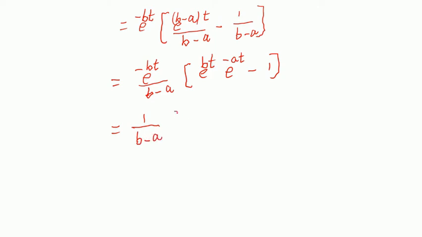What happened? E power minus bt, e power bt value is e power 0, e power 0 value is 1. So then what will we get? E power minus at minus e power minus bt into 1 is e power minus bt, right? So what is the solution here? 1 by b minus a into e power minus at minus e power minus bt. So this is the solution of the first problem.